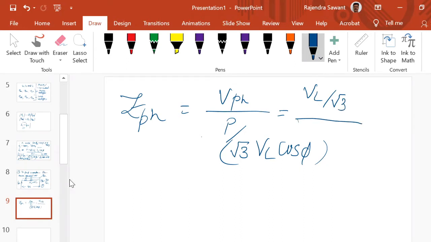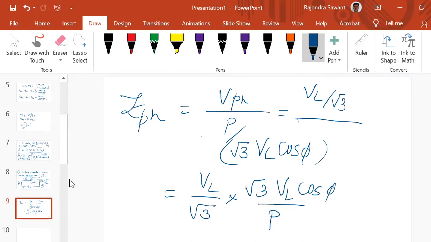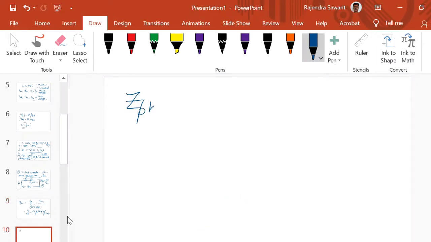So this is VL upon root 3 multiplied by root 3 VL cos phi upon P. Root 3 gets cancelled, so this is simplified as VL square upon P into cos phi. So ZPH is VL square upon P into cos phi.